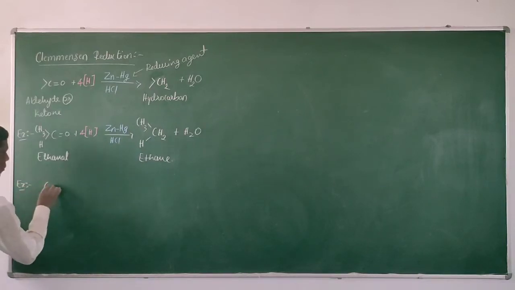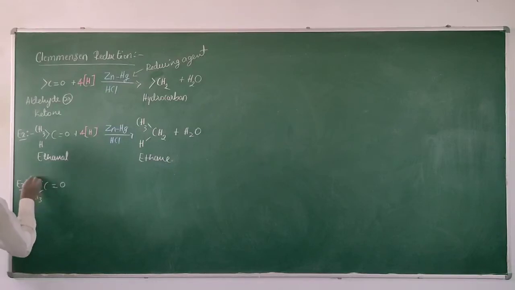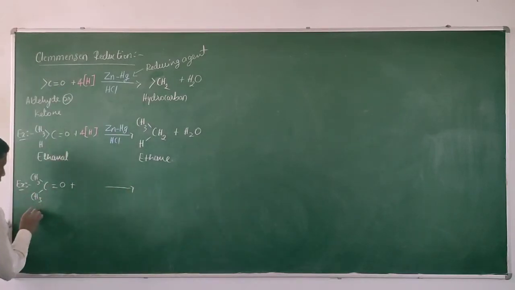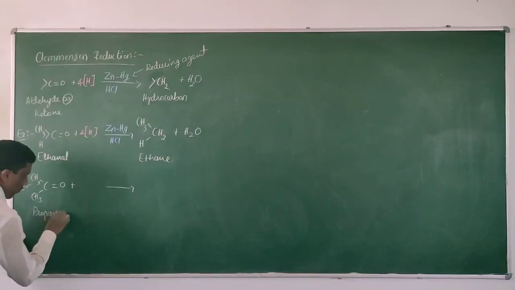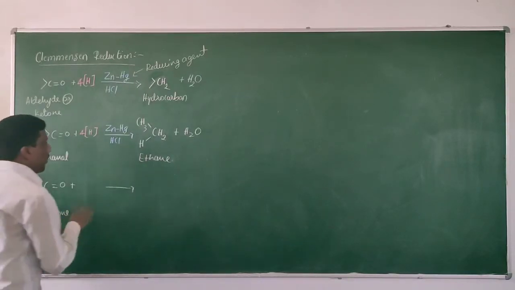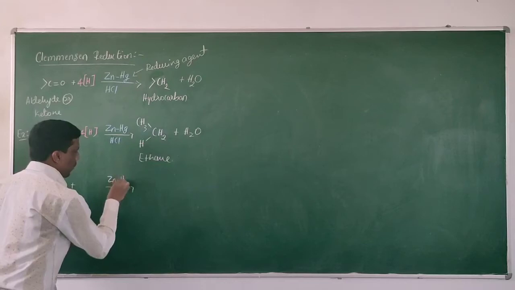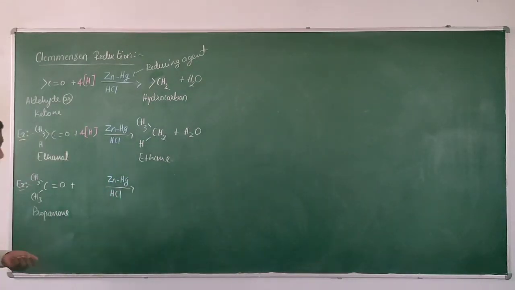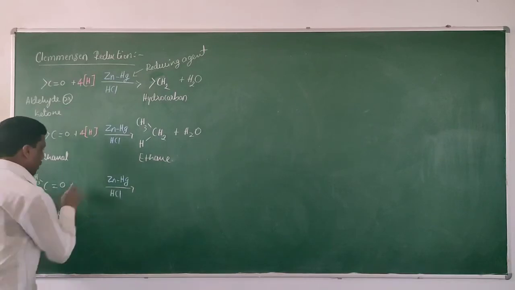Okay, let us take the second example. Let us take a ketone here, propanone. Propanone reacts with the mixture of zinc amalgam and concentrated hydrochloric acid.